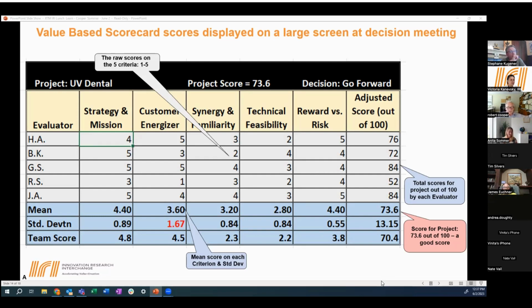Oh, HA and RS. Can you guys explain why you gave it a 5 and why you gave it a 1? And wow, what a discussion ensues, because these guys are seeing it from very different points of view. So this is very critical. And also the team one, as Anita mentioned, by the way, don't put the team score up before the gatekeeper score. That's biasing their scores.